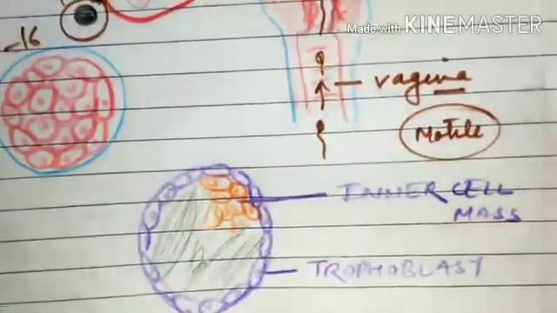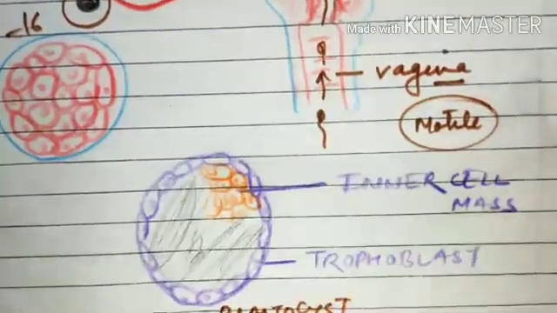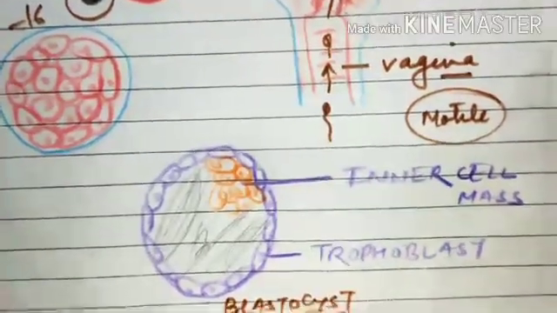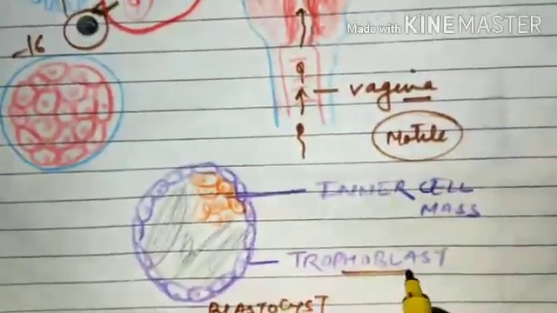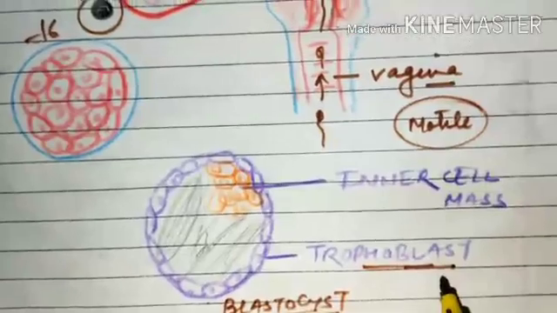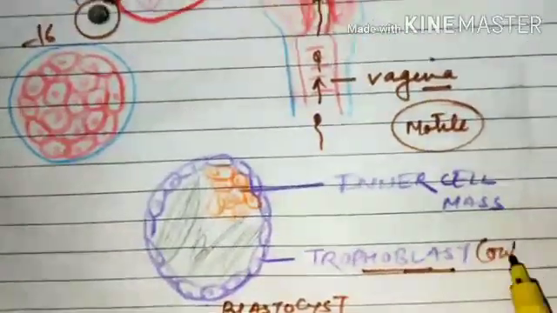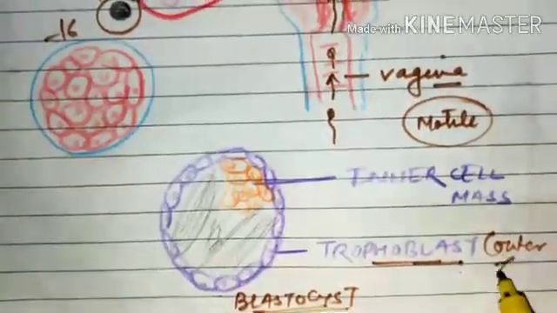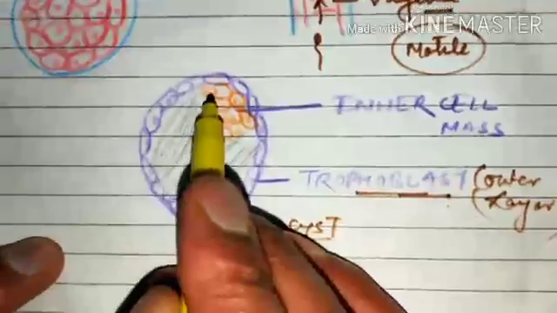Now what is this blastocyst? This blastocyst is formed by the movement of cells. The cells form an outer layer which is called trophoblast. That is, the blastomeres are arranged into an outer layer, and this outer layer is called trophoblast. And the inner mass of cells is called the inner cell mass.